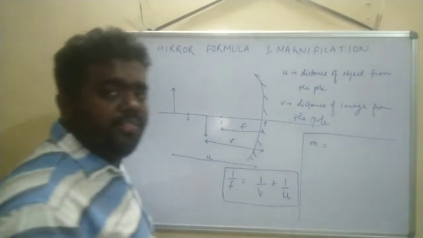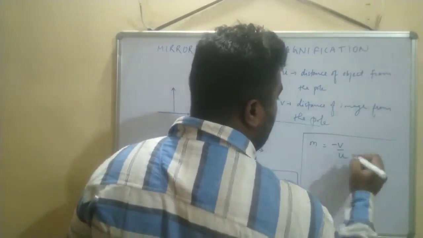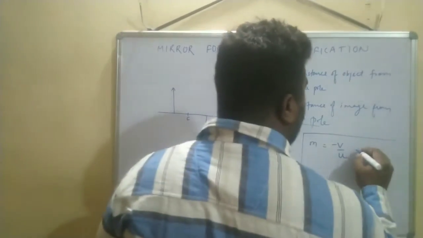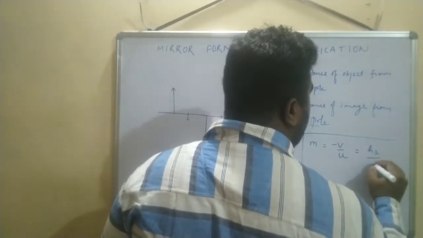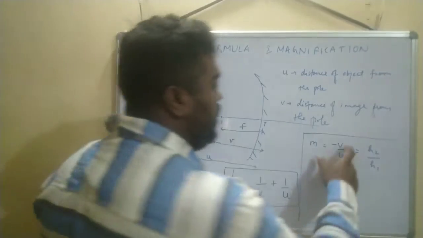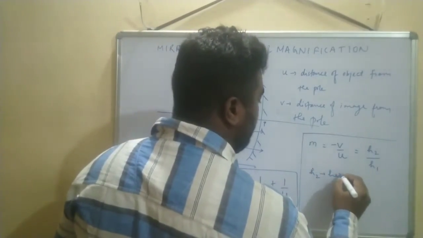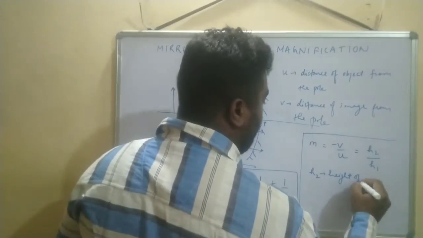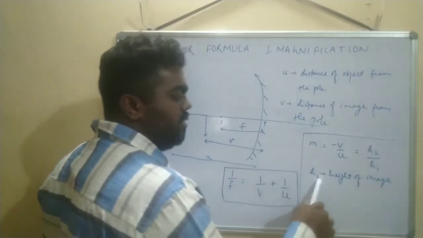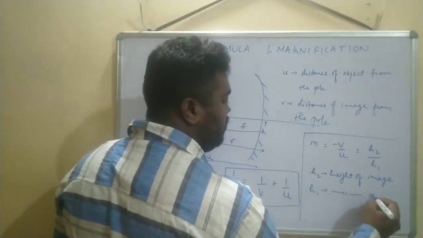So now the formula for magnification: small m is equal to minus v upon u. Also there is one more formula, h2 upon h1, where h2 is height of image, second number is image, first number is object, height of object.